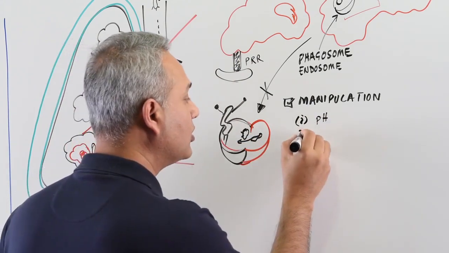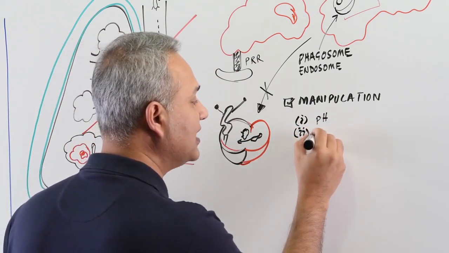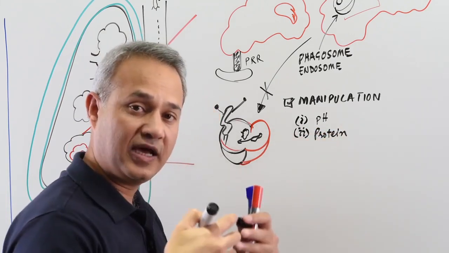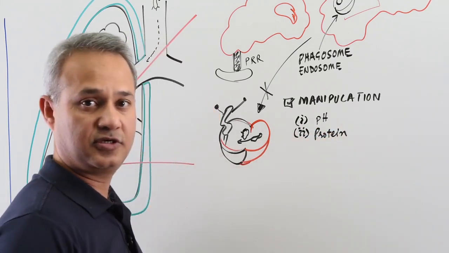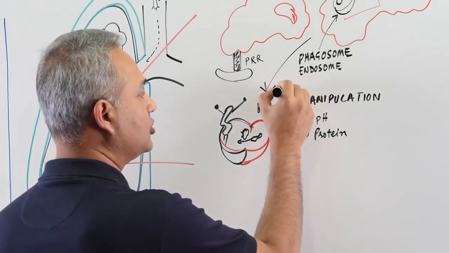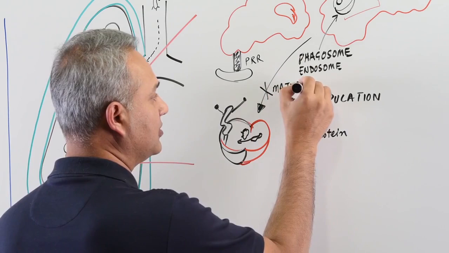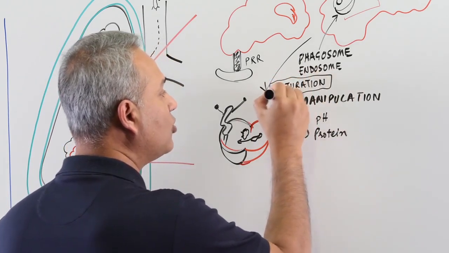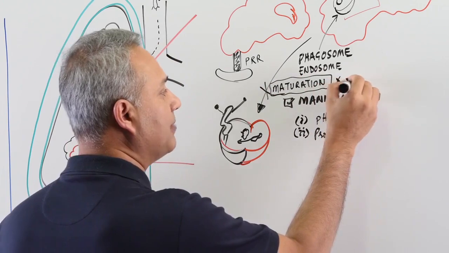Number two, it inhibits various protein activations which allow the phagosome and lysosome to connect with each other. The end result is that maturation of the phagolysosome does not happen.